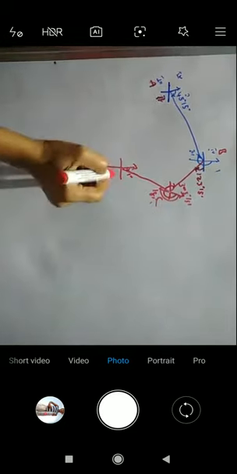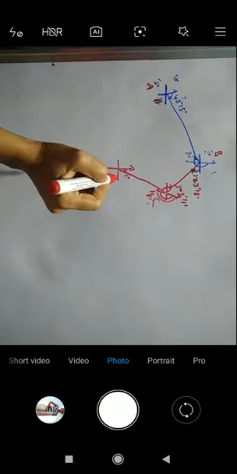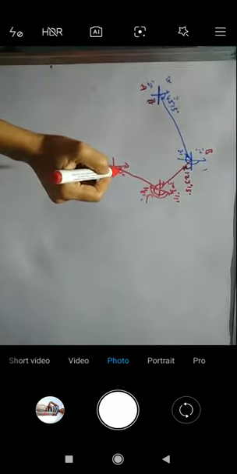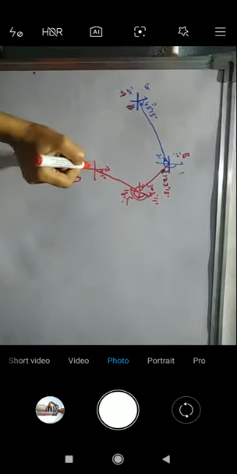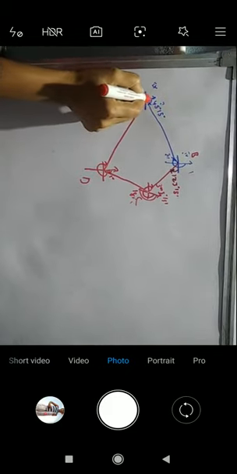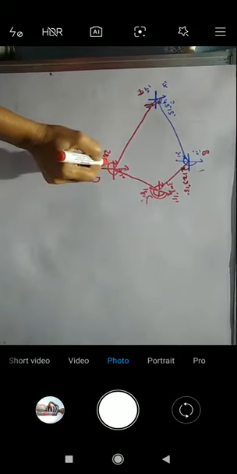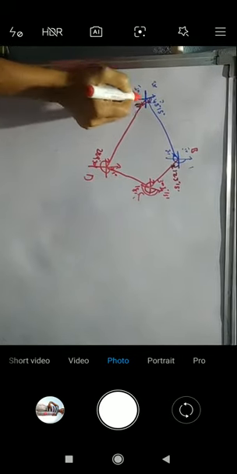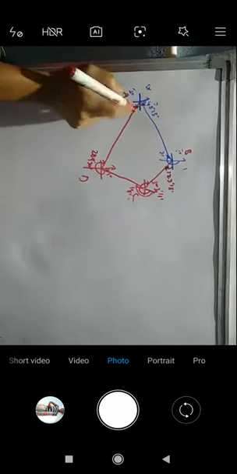The DA line starts from 289 degrees 30 minutes, in the fourth quadrant, and 109 degrees 30 minutes ends in the second quadrant. Friends, is it okay?